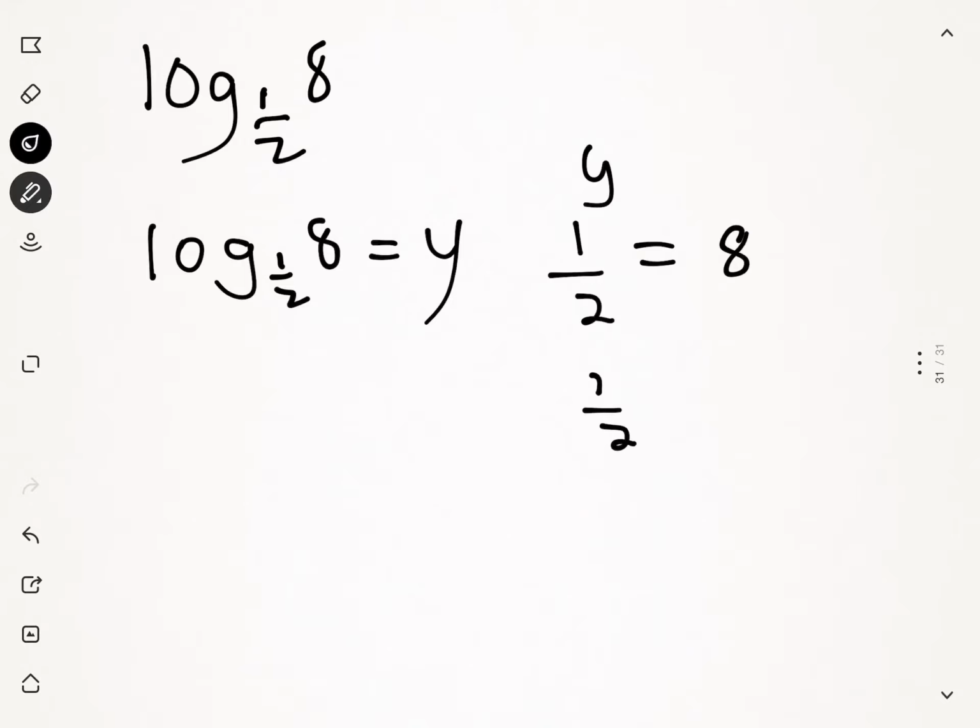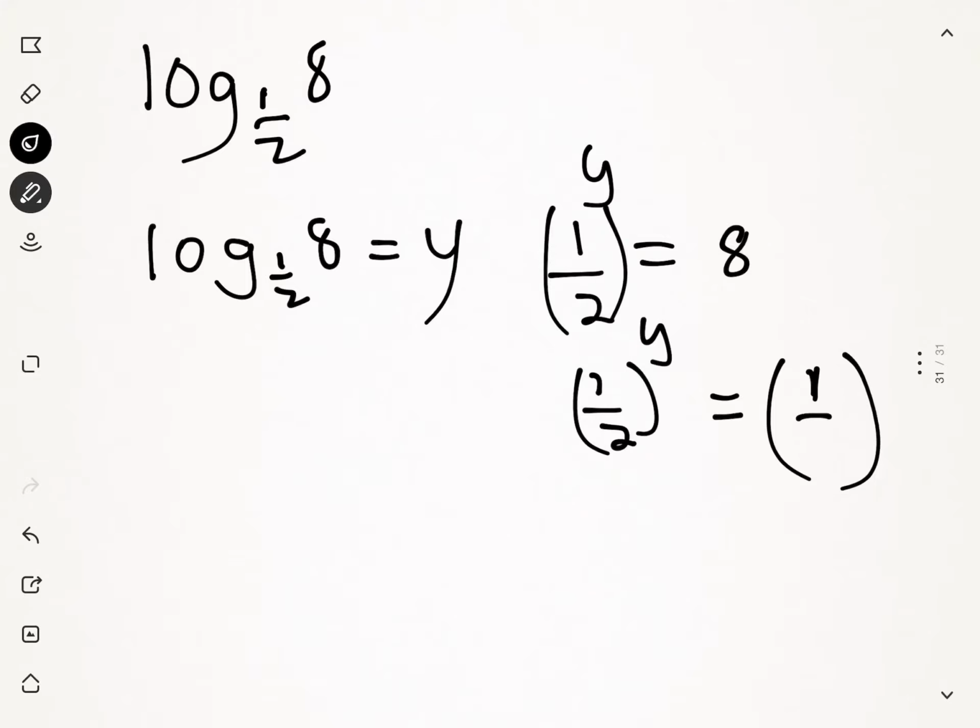So if I put (1/2) to the y power, I want the same thing on this side. So I have 1/2 here. And remember, I want to get 8. So I'm going to write -3 here. So I write the same thing in both parens and try to figure out how I can get 8.